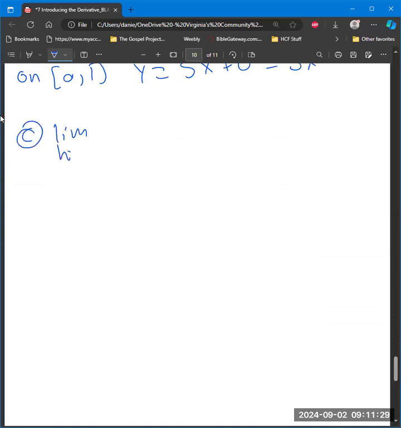Limit as h approaches 0 of f of 0 plus h minus f of 0 over h, like so.